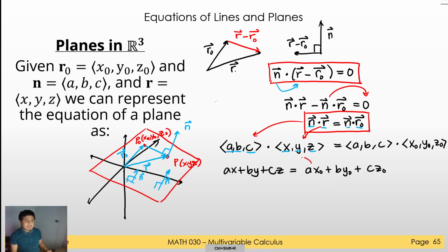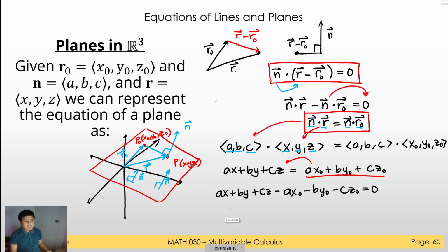So if we transpose everything here to the other side, we will have ax plus by plus cz minus ax sub 0 minus by sub 0 minus cz sub 0 is equal to 0.